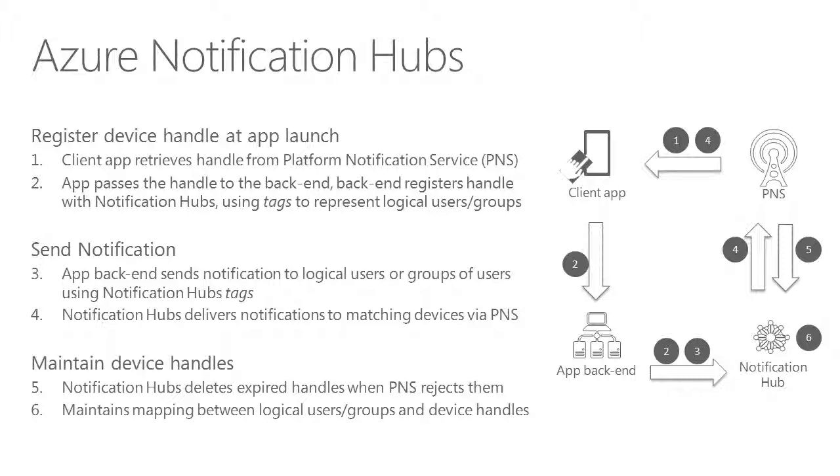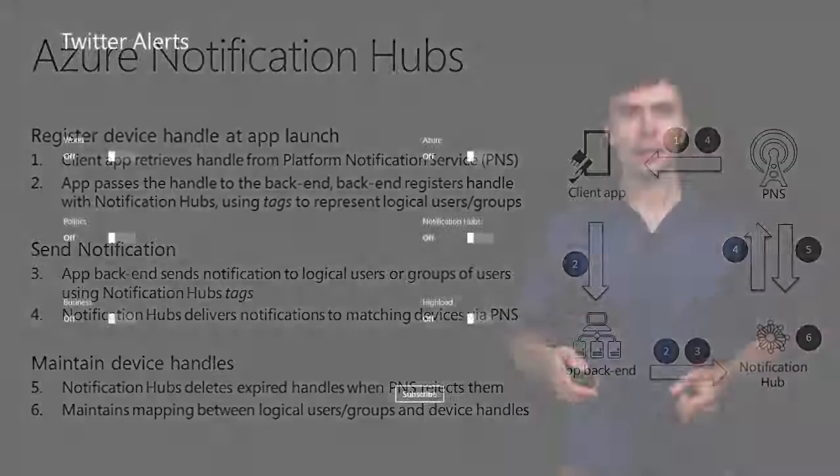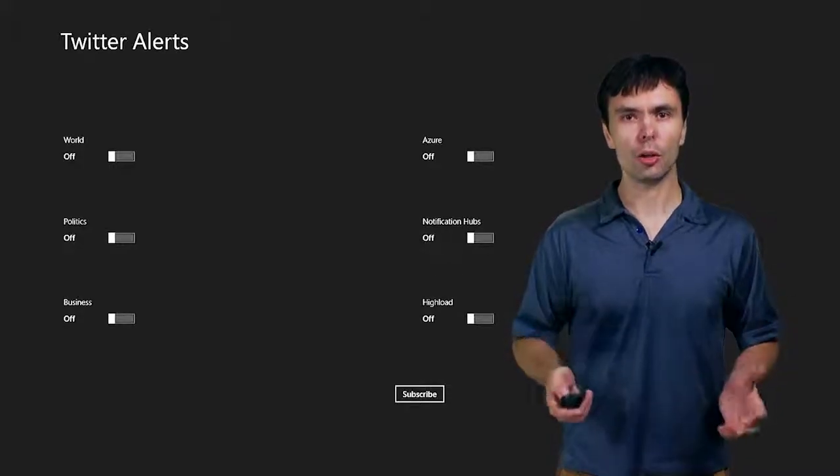From there on, your application backend can use logical groups and users and send one message to Notification Hubs that will be delivered to everyone within that logical group. It could be millions of devices, could be one, no matter which platform those devices belong to. Notification Hubs allows you to personalize those messages on a per-device basis. Let's take a look at how it works via a demo.